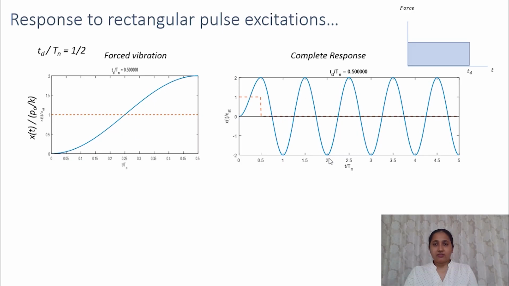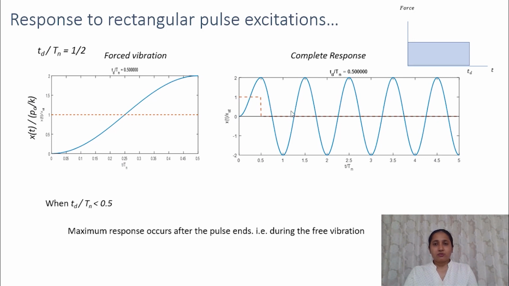The amplitude of this free vibration response is also equal to 2. That means even during the free vibration, the maximum displacement will be twice that of the static displacement, p naught by k.